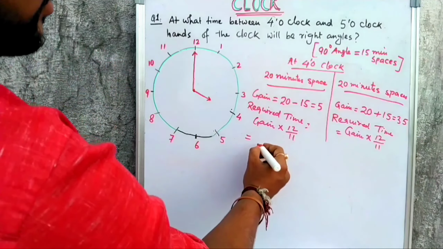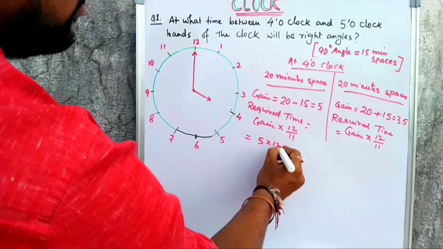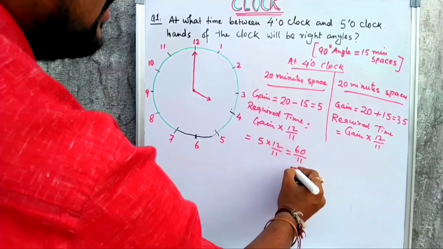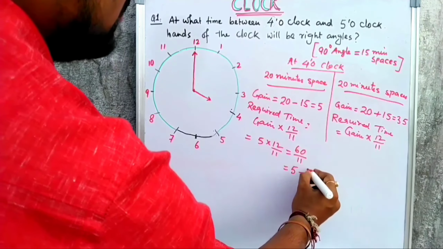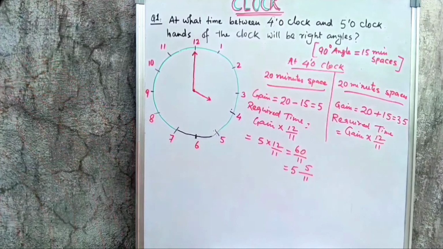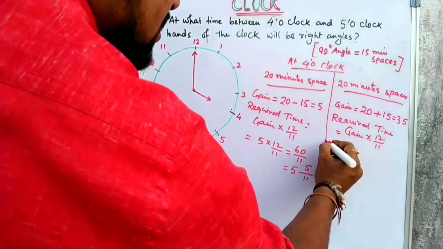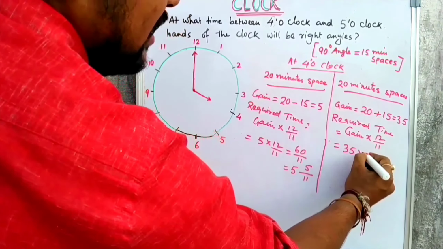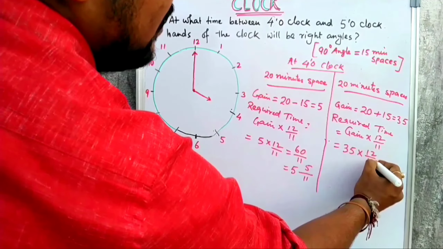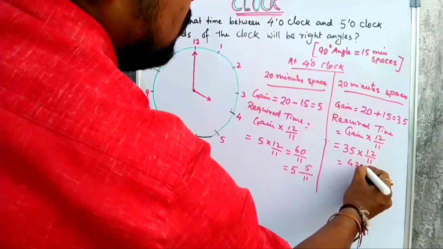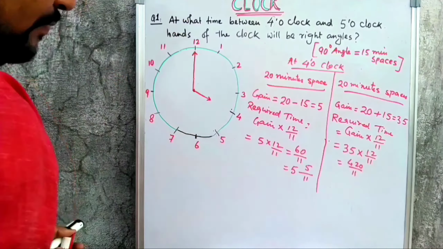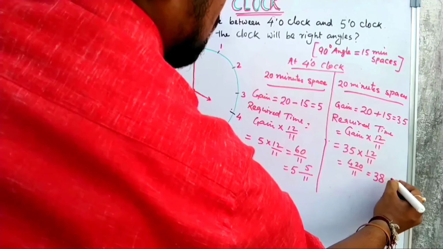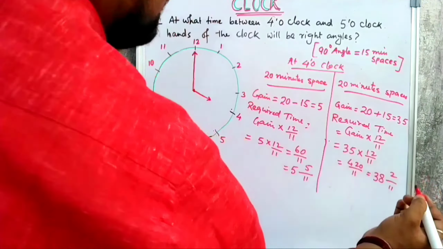So 5 into 12 by 11 is 60 by 11, which is none other than 5 whole 5 by 11. Here the gain is 35, so 35 multiplied by 12 by 11 is 420 by 11, which is 38 whole 2 by 11.